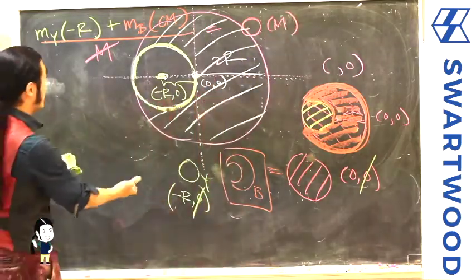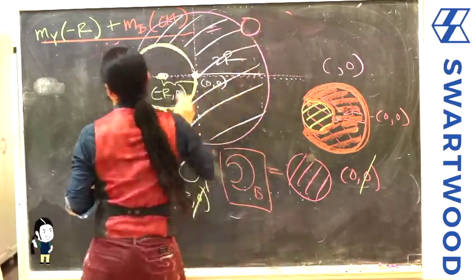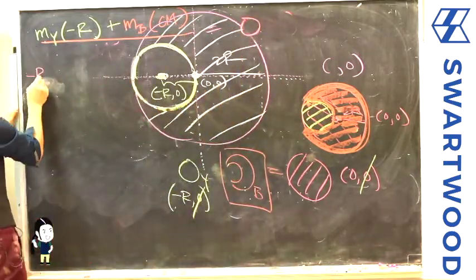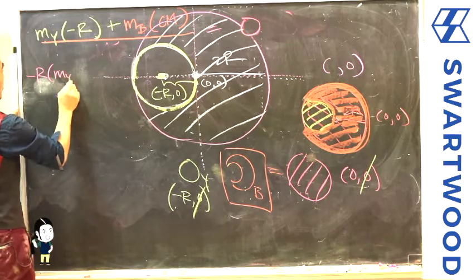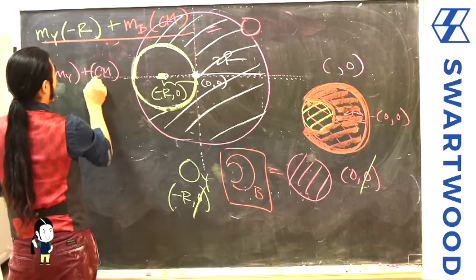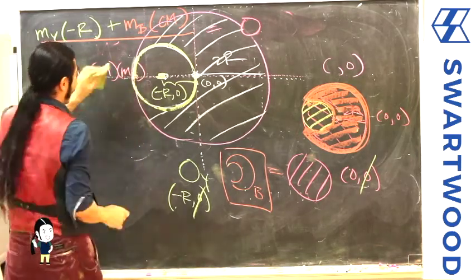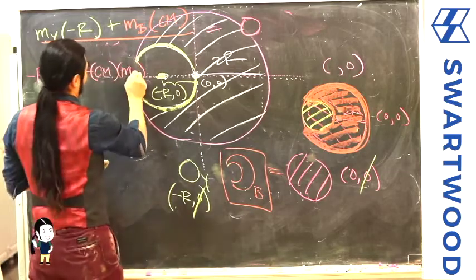Now we don't even need the picture anymore, but let me try to clean this up. So we have negative r times m sub y plus the center mass that we're looking for, whatever this coordinate is, times m sub b for brown. Sorry if that was confusing.